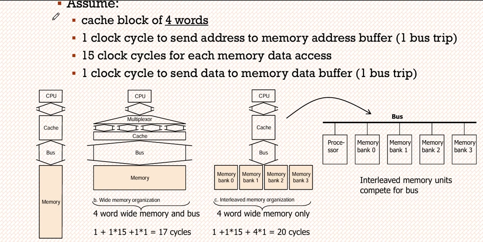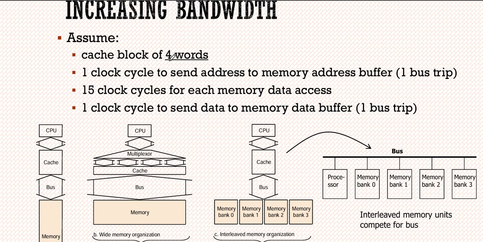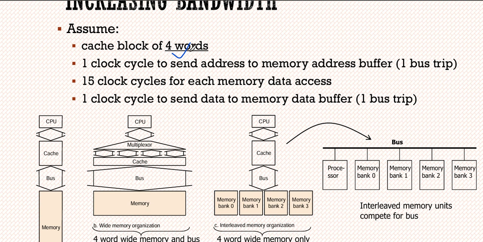Now you realize that if you assume that the cache uses four words, it's a four-word cache. So in each block there are four words, right? Now let's also assume that it takes one clock cycle to send the address from memory to the address buffer. That is, you send the address to the memory address register, something like that.